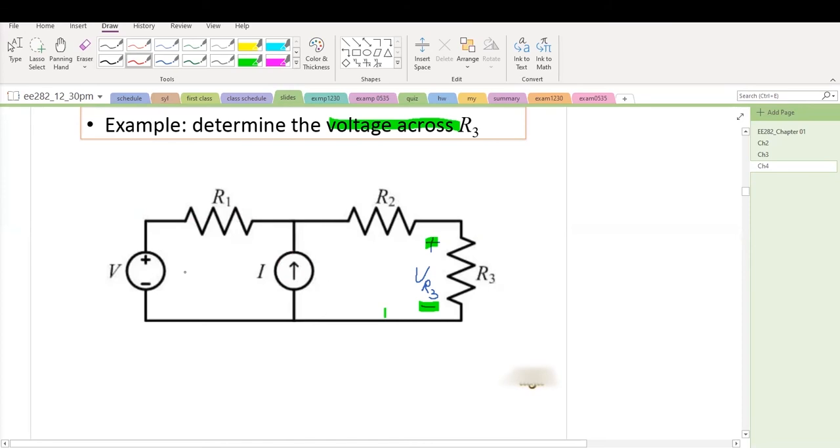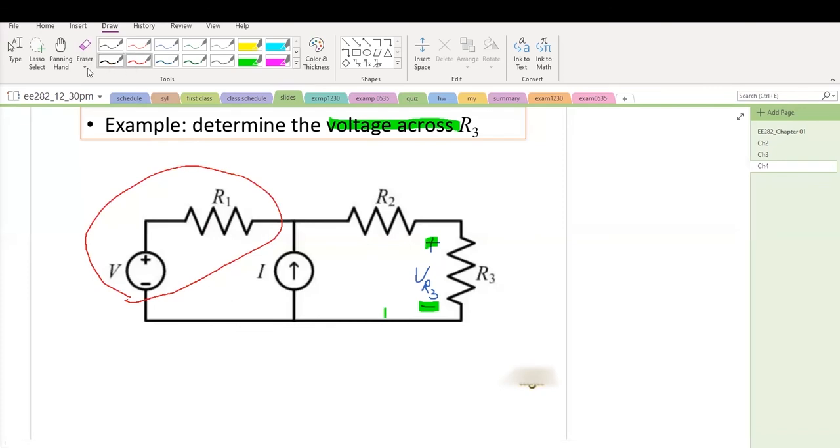In this case, we only found a voltage source in series with a resistor. So using the source transformation, we can convert this voltage source in series with a resistor into a current source in parallel with a resistor.